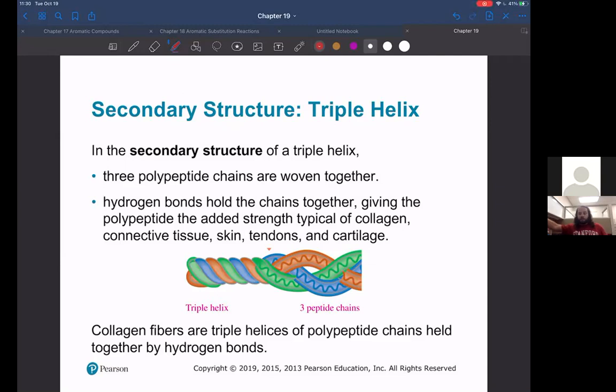These are the ones that just stand there and hold things in place. And they have this secondary structural feature called a triple helix. That's where you have three alpha helices that are braided together or wrapped around one another to form a triple helix. And again, these are going to be features of structural proteins.